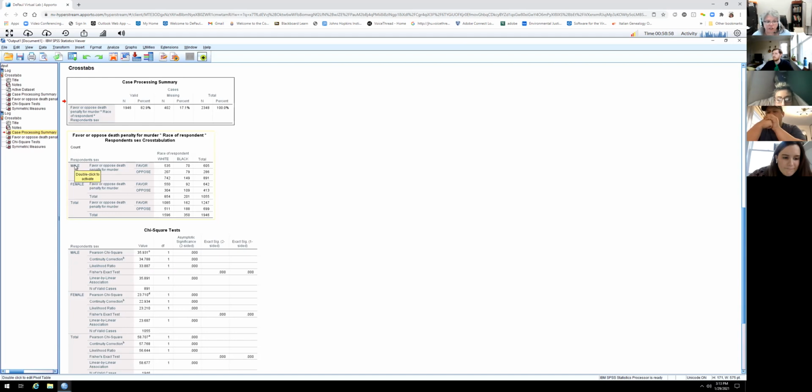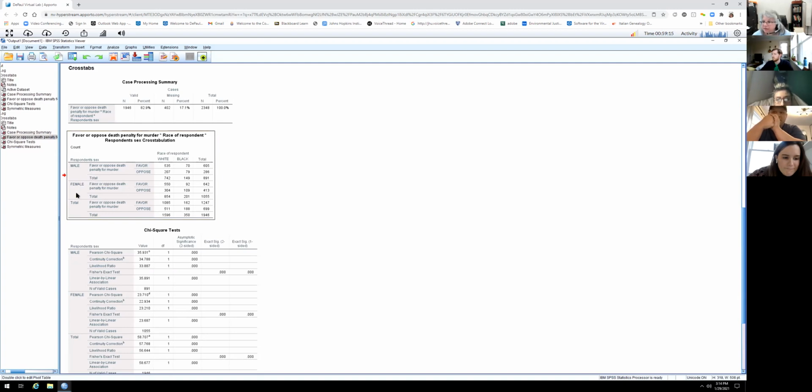This is what the computer's doing. We run the test between X and Y again. Here is the test just for males who are both white and black. Here is the test for females who are both white and black regarding how it relates to Y. So it's X and Y separating out just males, X and Y separating out just females. That's what a control does.